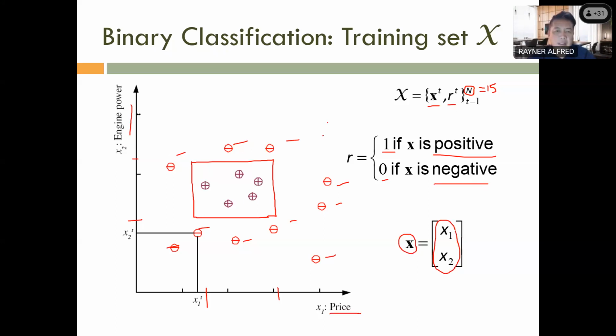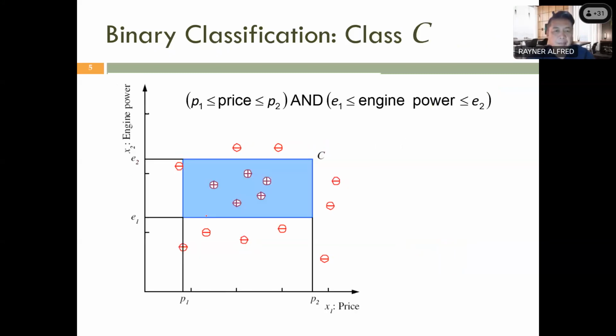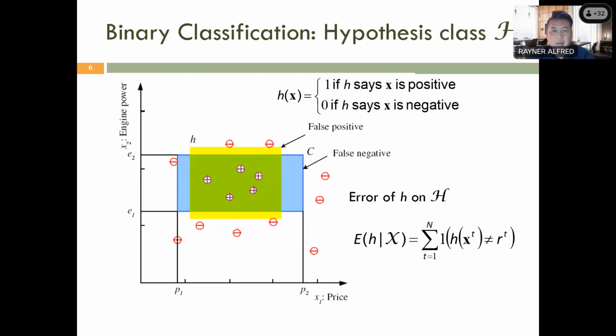When we train the model, or when we model our data, we are actually trying to estimate the line that separates the positive and negative. For example, like this, we are trying to maximize the area covered by the positive and the area covered by the negative. So when we perform training, basically we are trying to estimate the line here that separates positive and negative.